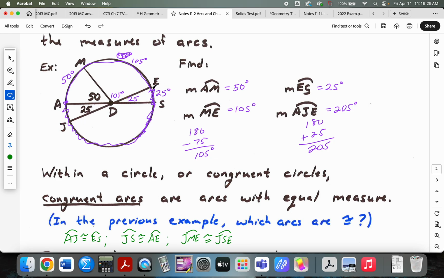JSE, also 180 degrees. There are two other semicircles in this. Let's add to this one. Give me one of them. Yes. Arc AMS. Okay. Arc AMS is one of them. There's one more semicircle in this. Yes, ma'am. Arc AJS. Yeah, arc AJS.